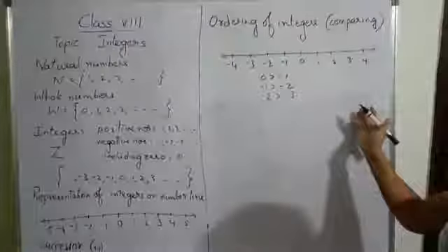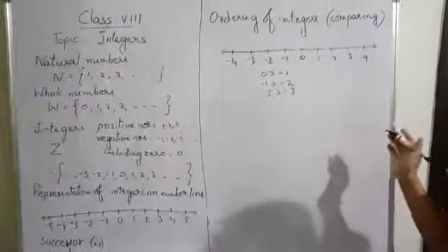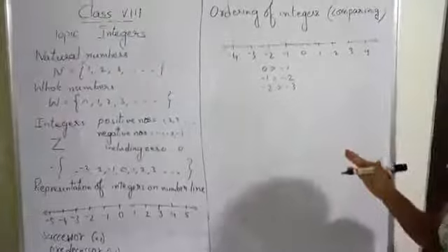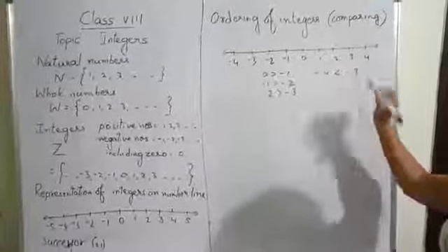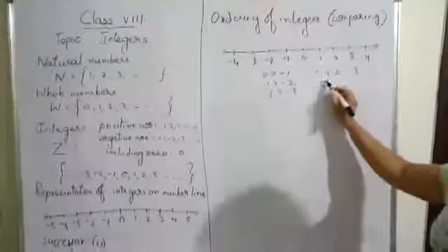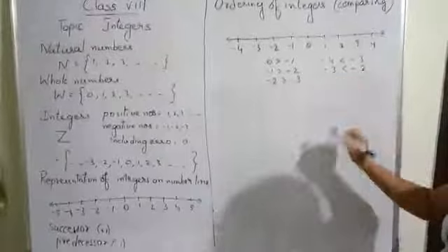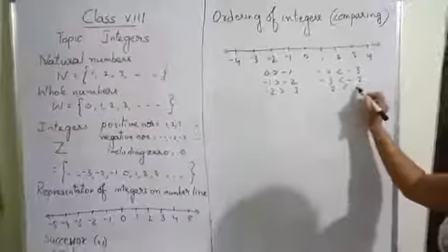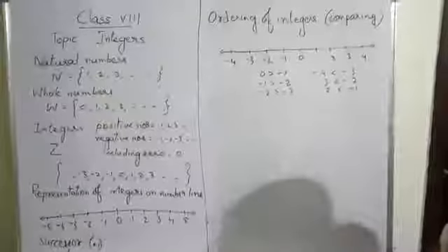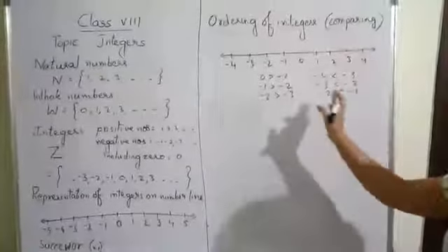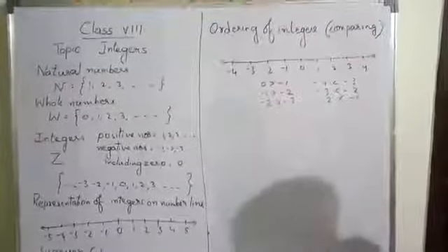So the number which lies to the right side is always greater, and the number which lies to the left side is always less than. Suppose if you take minus 4 is less than minus 3, and minus 3 is less than minus 2, minus 2 is less than minus 1. It goes on like that. So if you know what is successor and what is predecessor, it is easy to compare the integers also.